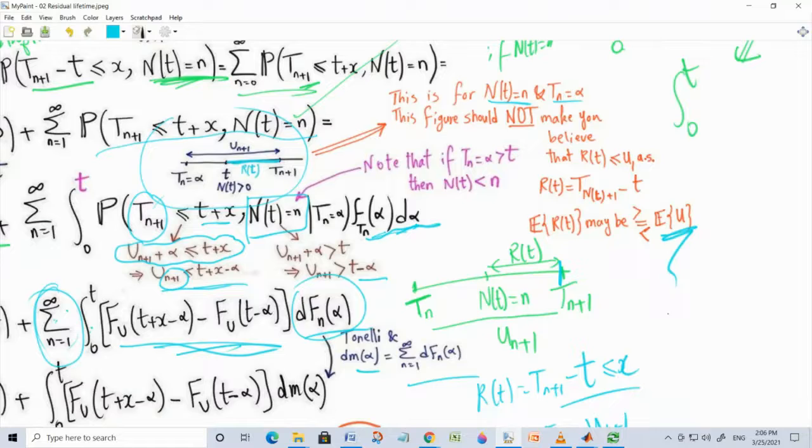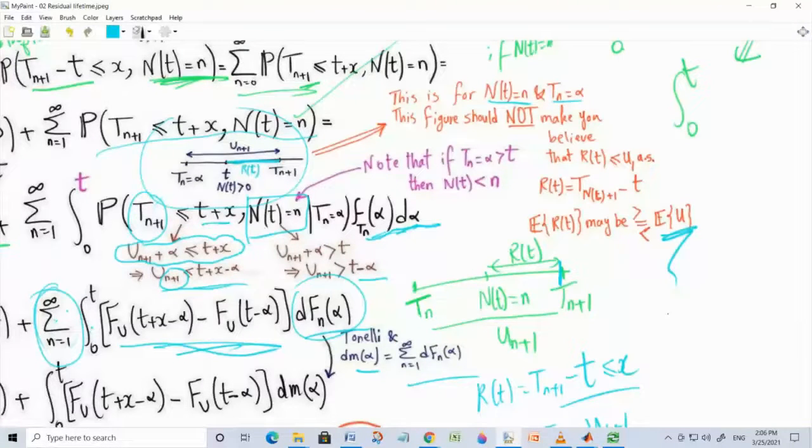And worse, if this makes you unhappy, then get ready for this. Sometimes the expected value of the residual time may be greater than the expected value of U, and sometimes it's less than U. Less than U is the case in which your intuition wants you to believe that the time between t and the next arrival should, on average, at least be less than the inter-arrival average time.